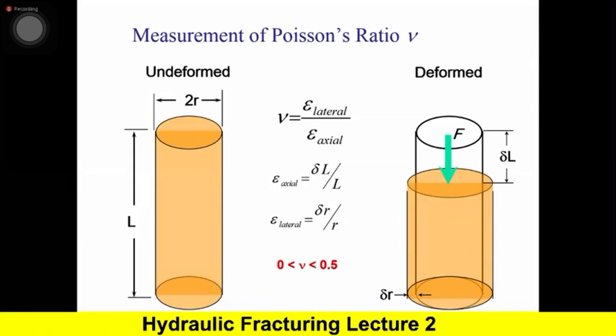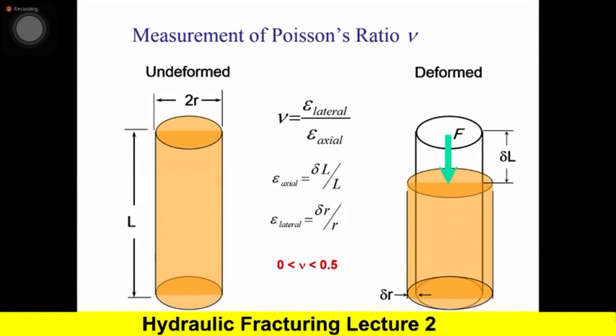Poisson was a famous French mathematician from many years ago, in the 1700s or so. That ratio has to be less than 0.5 for a rock. If you're running these experiments on a rock, that Poisson's ratio is definitely less than 0.5.